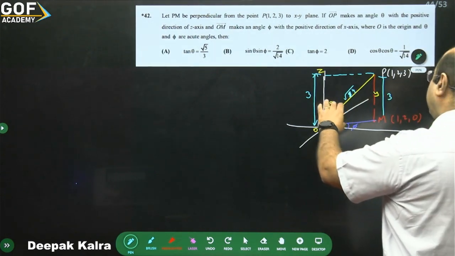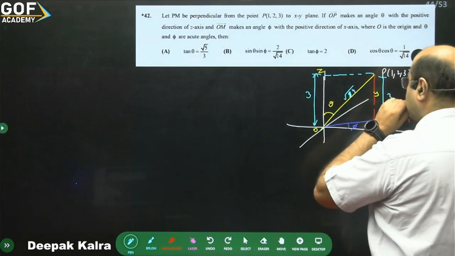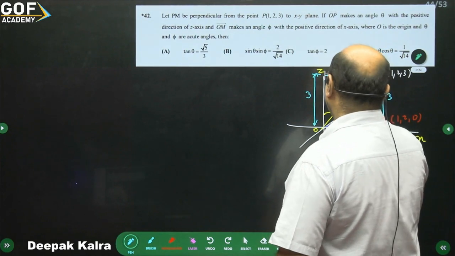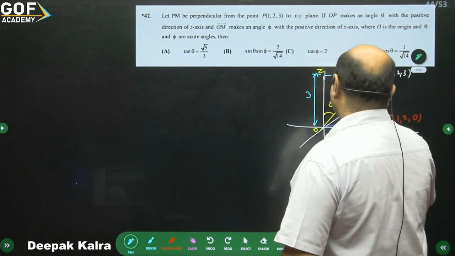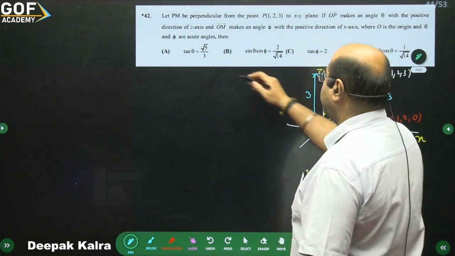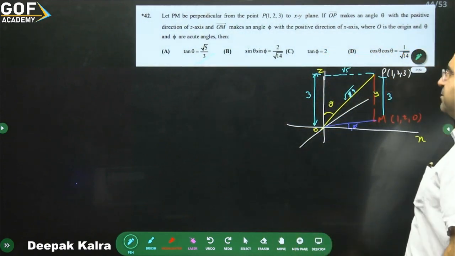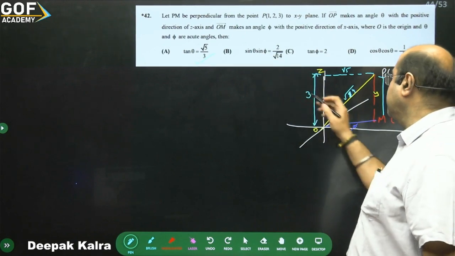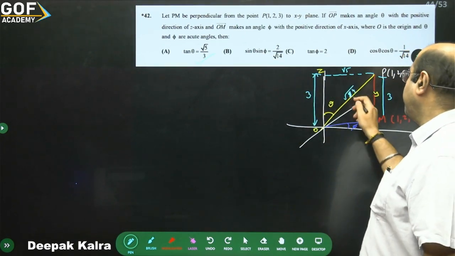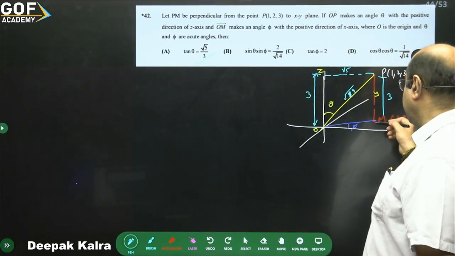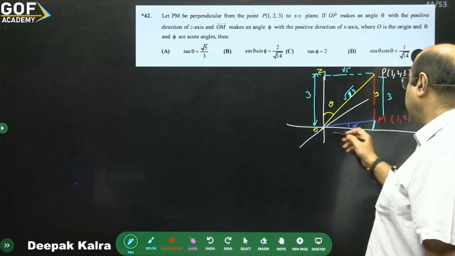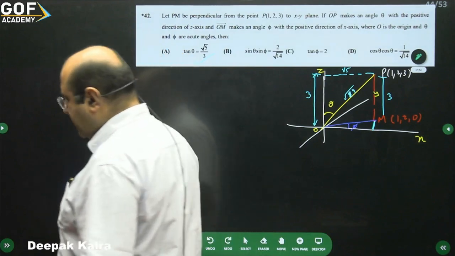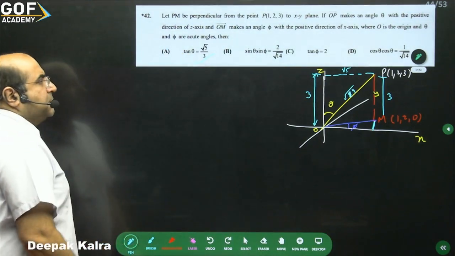Then you can apply Pythagoras to get this. Root 5 will come over here. So you can get root 5 over 3. This answer is correct. Then you go with sine theta value. Sine theta is also known to you. Root 5 over root 14. And then you go this way. Calculate it and get it. No problem. Yeah, next.